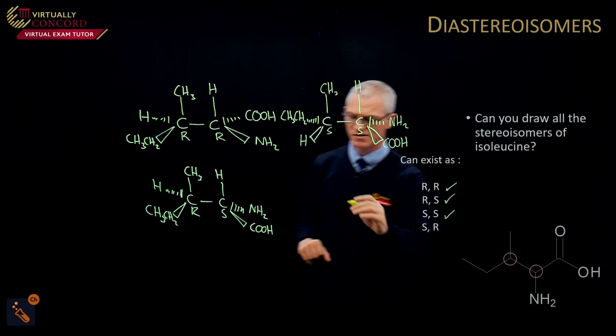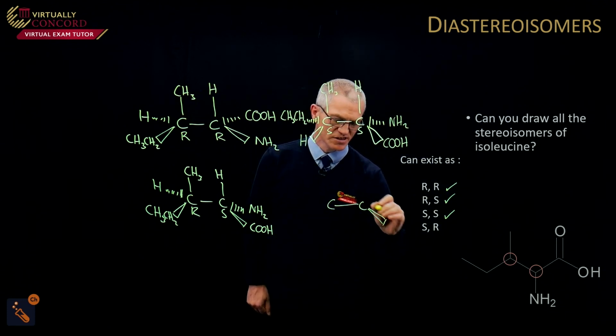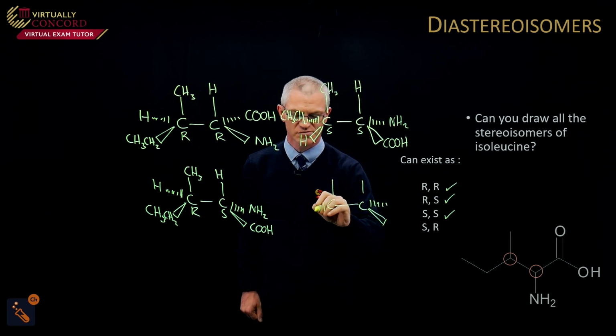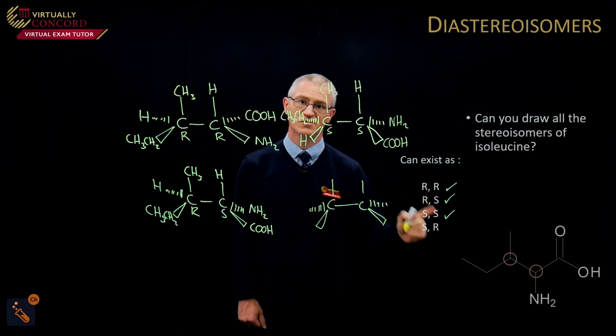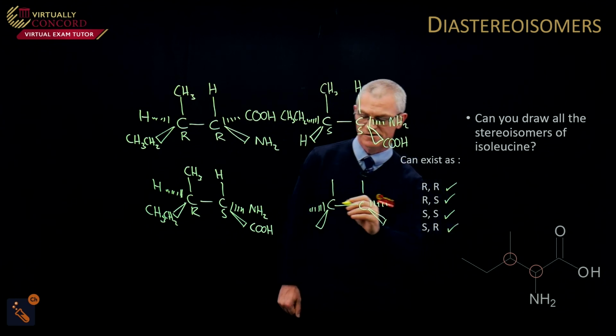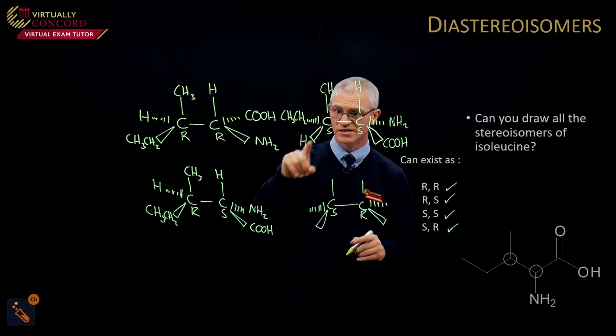We'll now go to SR. Again, wedges and dashes. And you get quite quick at these once you start doing them. And this time we are doing the SR. Okay, so we're doing the SR, so S and R. Let's go across again and we can see here, where is my S?